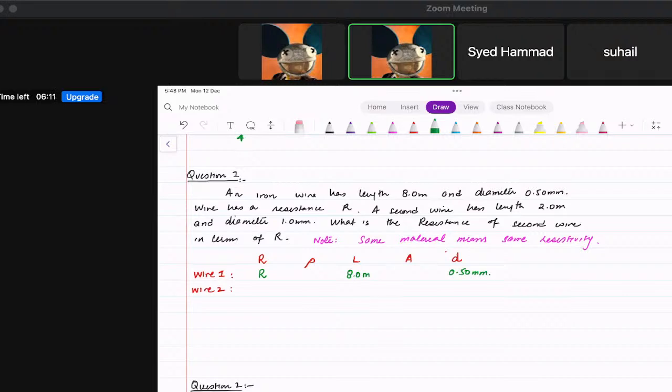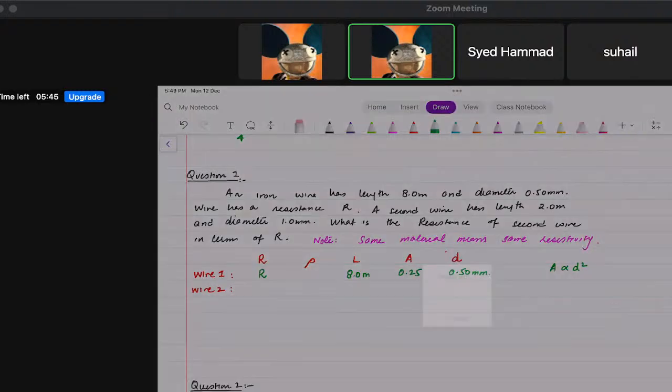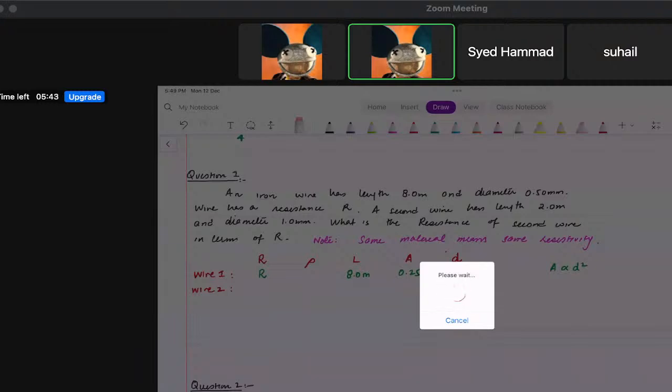We should understand that area is proportional to d squared, so you can just take the square of the value they've given, 0.5 squared, which is 0.25. Because they're made from the same material, I'm going to put the resistivity as the same.